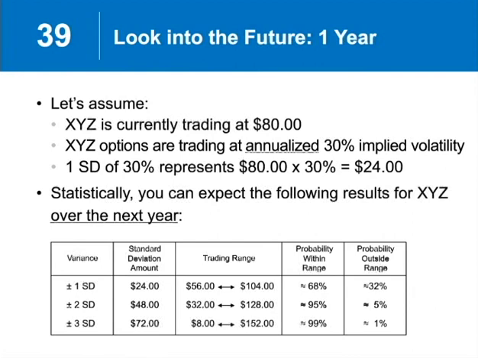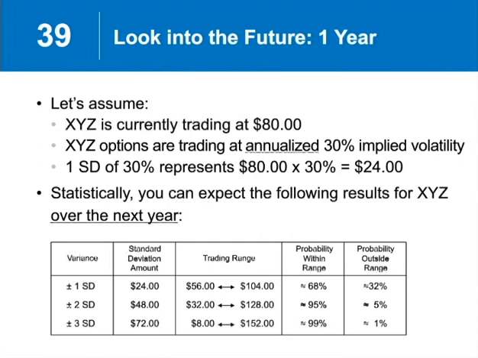XYZ, $80. It's trading, as I said, at an annualized 30% implied vol. That one standard deviation of 30% implied represents numerically, again, we've got the stock at 80, multiply that by the 30% implied, that gives you $24. So you can see you've got a real wide range on an annualized basis.